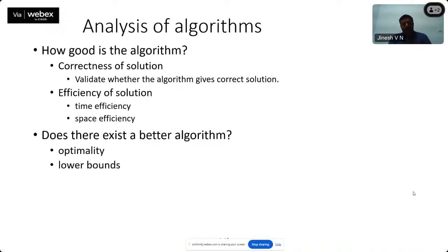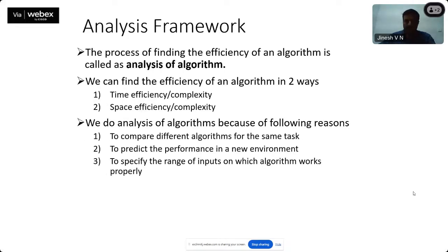I think for this analysis of algorithms, all of us know the basic theory, so I'm skipping this. We will be analyzing time complexity and space complexity. Time complexity means how much time it will take to execute.